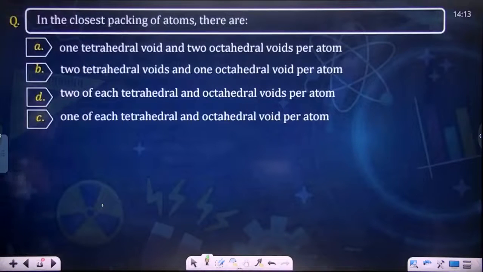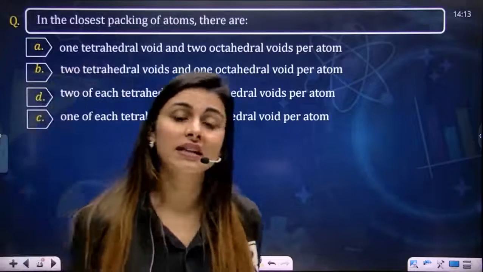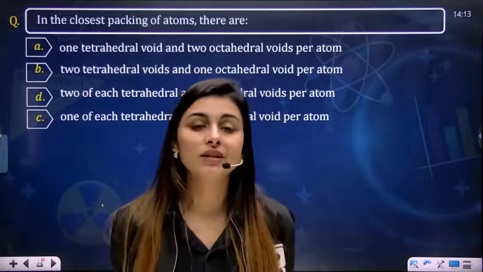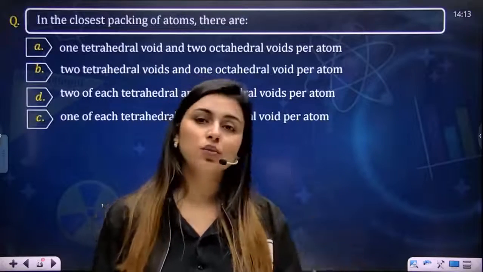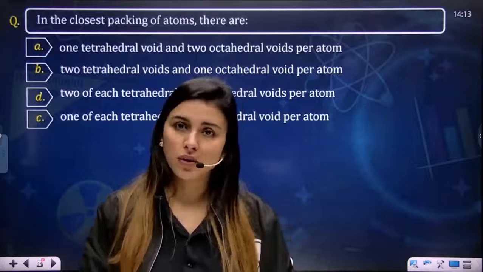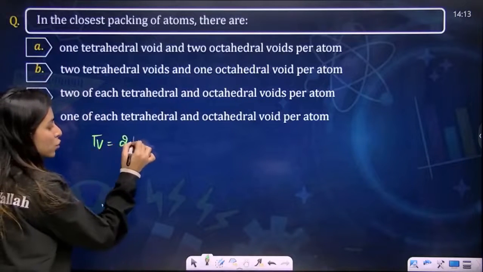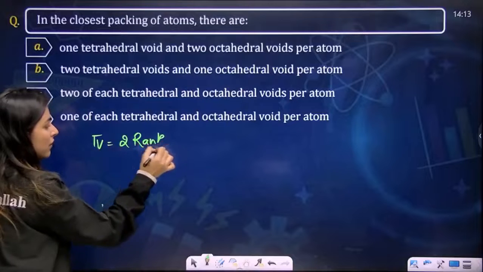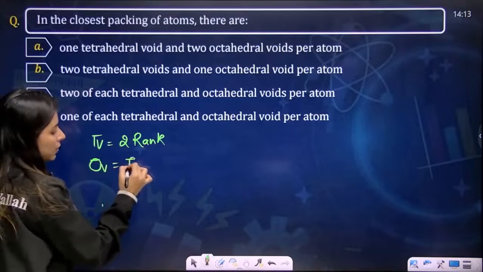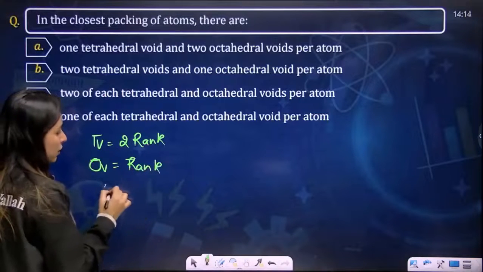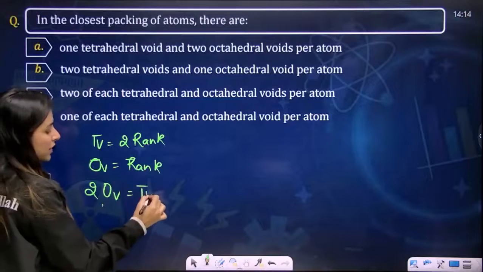In the closest packing of atoms, you know that there are tetrahedral and octahedral voids, but in the packings which are not close, they do not have tetrahedral and octahedral voids, right? And you have tetrahedral voids equal to 2 times the rank, and octahedral voids exactly equal to the rank, right? So I can say that 2 times the octahedral voids are your tetrahedral voids.